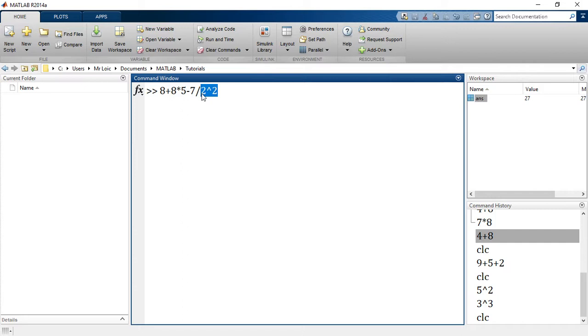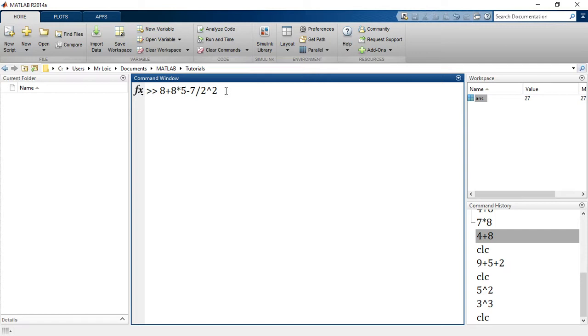Then it will look: is there any multiplication or division, in the order in which they appear from left to right? It will see there is a multiplication here. It will compute 8 times 5 to give us 40, and there is a division here. It will compute 7 divided by 4, which is I think 1.75.